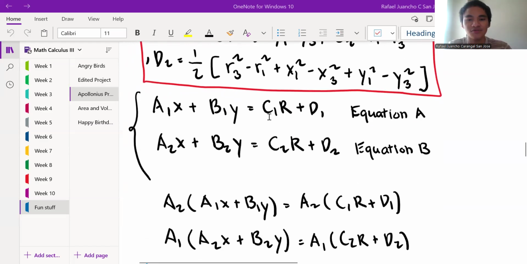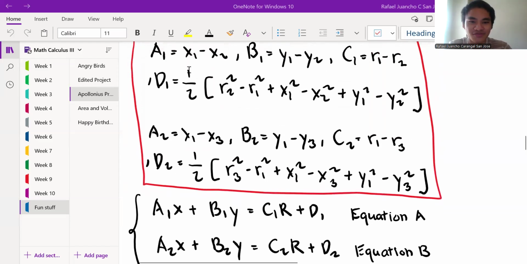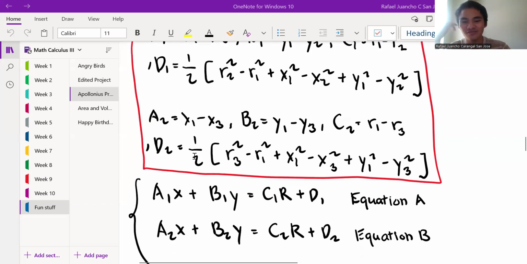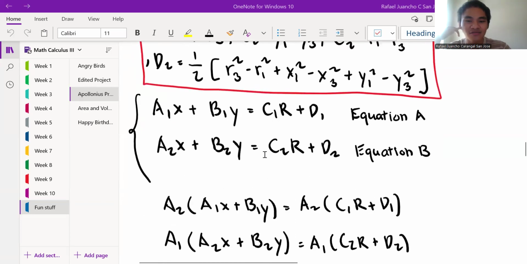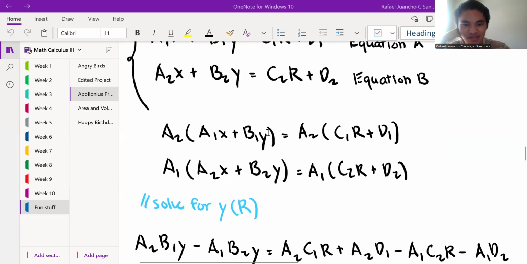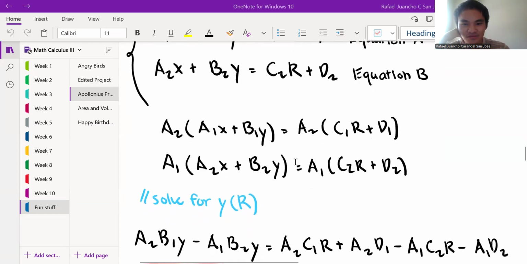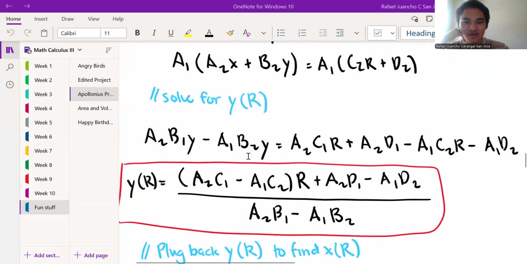And then we just substituted some letters here, because let's be honest, it looks messy. And then from there, we were able to get a linear equation. We're actually able to get two linear equations, right? So that's surprising.